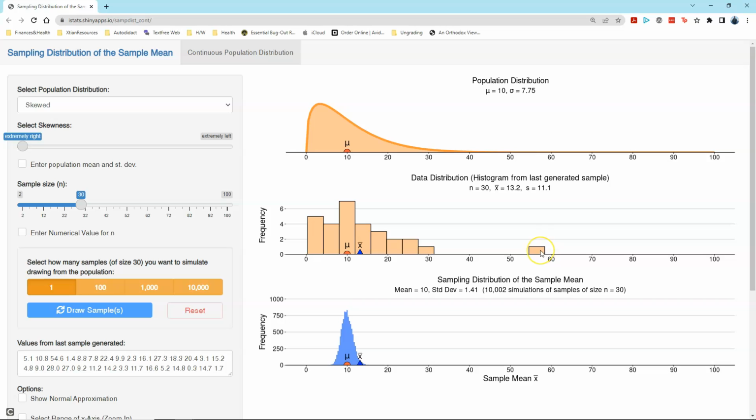That's more than 3 standard deviations above the mean. And so that helps us to see why we have to be careful when we are looking at population distributions that are not normal, and we have a sample that may have some clear outliers, why we have to be careful about the sample size that we are taking when we do our checks for normality.